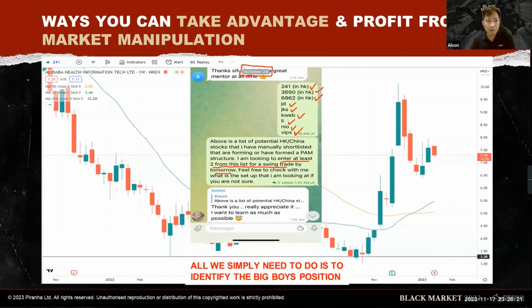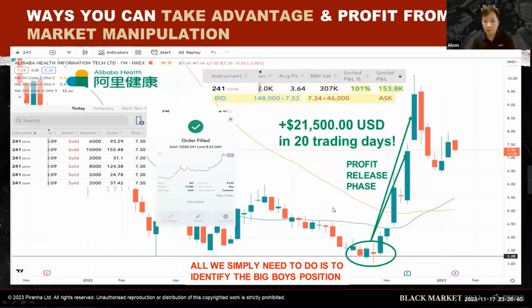So an example is 241, which I actually shared with my students. And during that time, 241 had not really moved. When I shared it, it was still somewhere around here at the bottom. And guess what? After that, I saw this, which is actually what I just taught you guys.